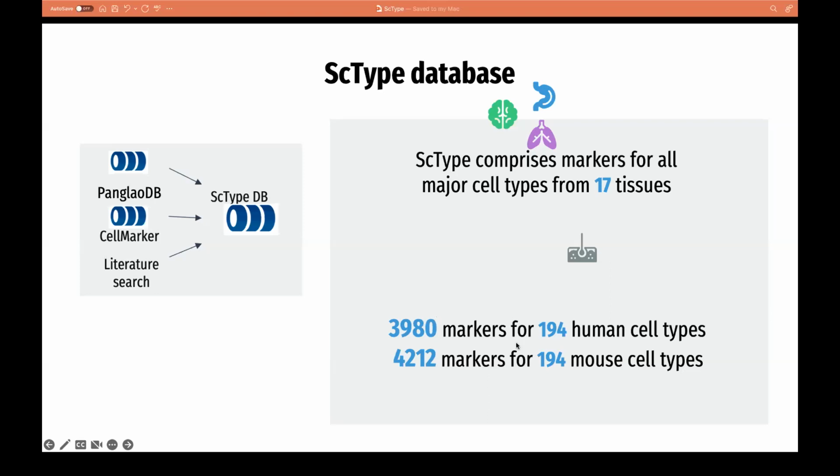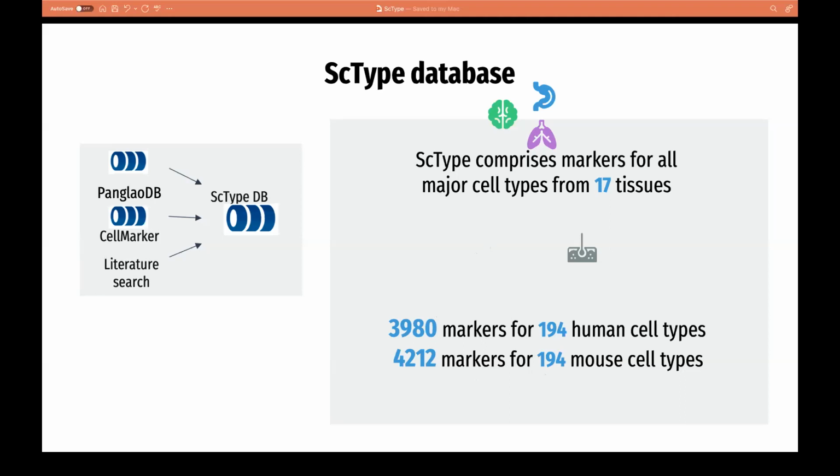We have also made a database for mouse, as these two models are quite commonly used for single cell type identification. So for mouse, we were able to identify 194 cell types and some 4,200 markers.